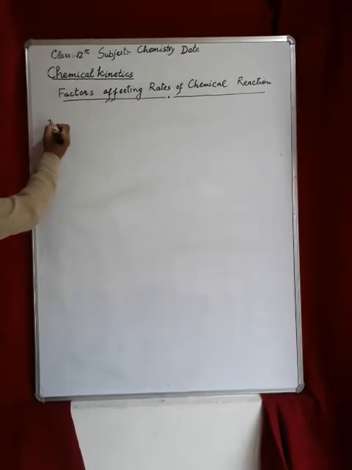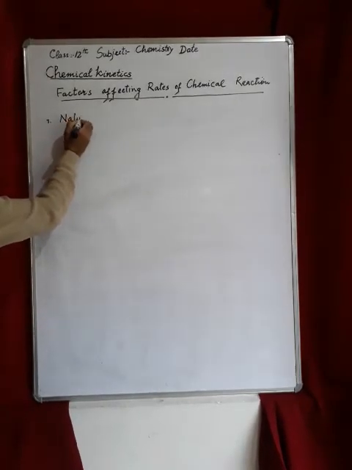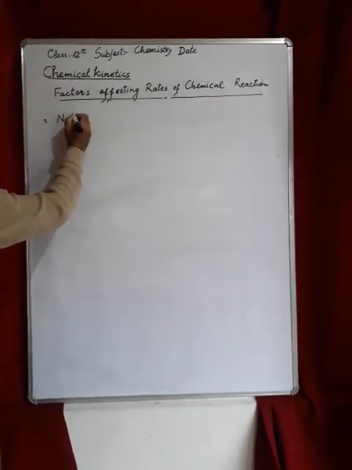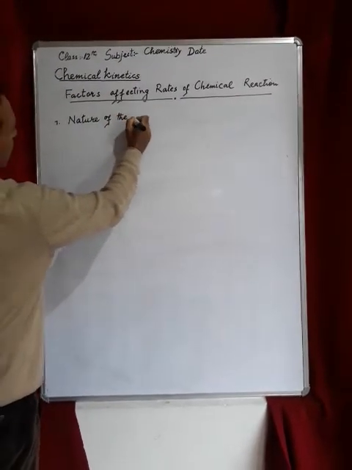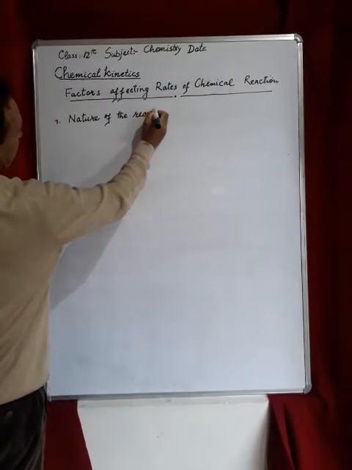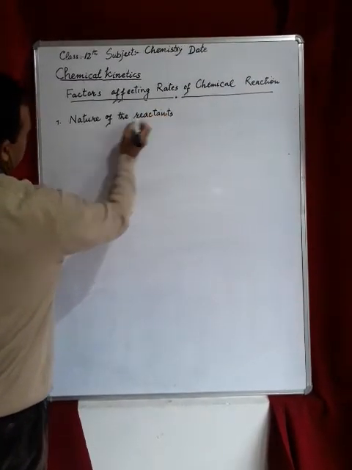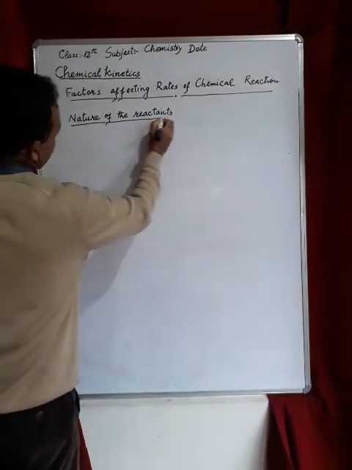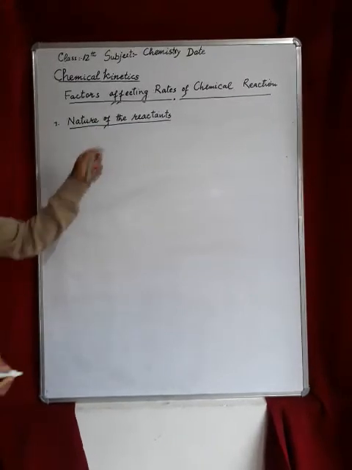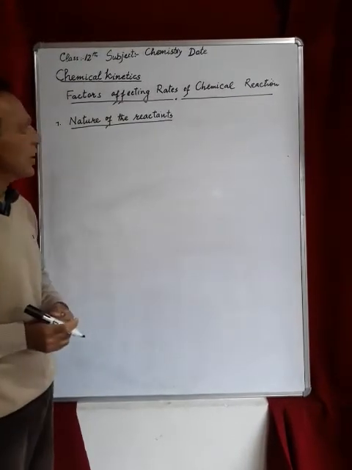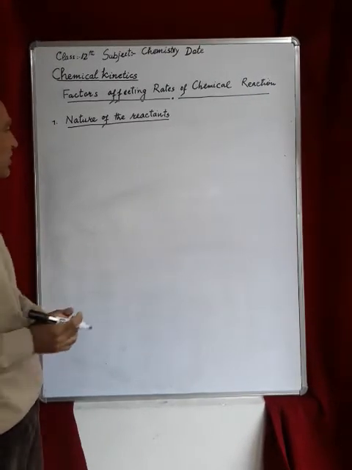Number one is the nature of the reactants. The nature of the reactants affects the rates of chemical reactions.